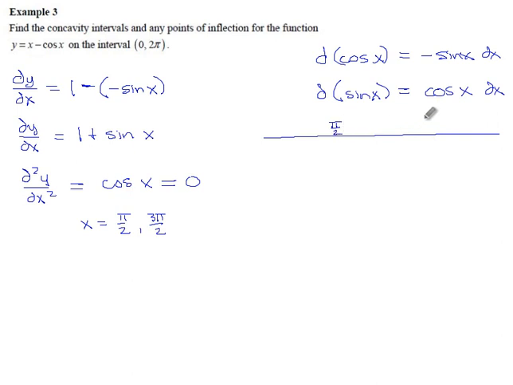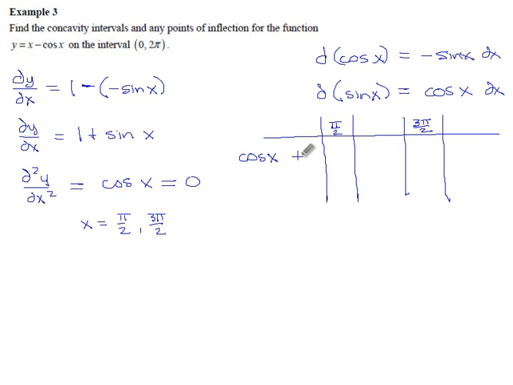Pi by 2, 3 pi by 2. This table won't be all that big because the second derivative is only one piece. It's just cosine x. We don't have to worry about a bunch of different factors and combining them together. So, if our angle is less than 90 degrees, let's say it's 45 or something, then its cosine is positive.